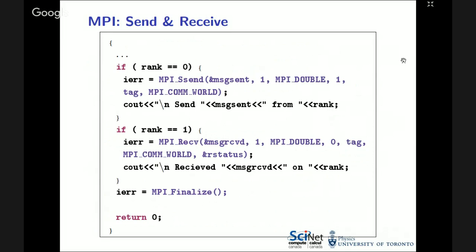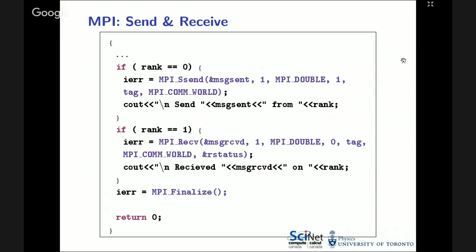So I'm going to do something dumb that you normally don't want to program, but we're going to do this. We're going to hard code this as a job that only really works on 2 processors. So at the very basic, if I'm rank 0, I'm going to send a message. I'm going to create a send. I have a buffer, message sent. It's only one element and it's a double. And I'm sending to processor 1, which I've hard coded in here. Straightforward enough.